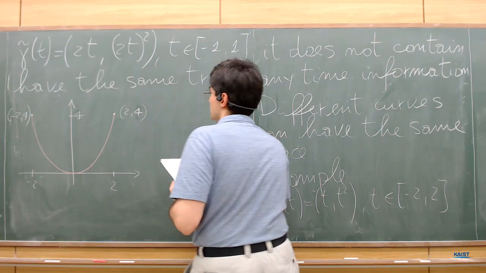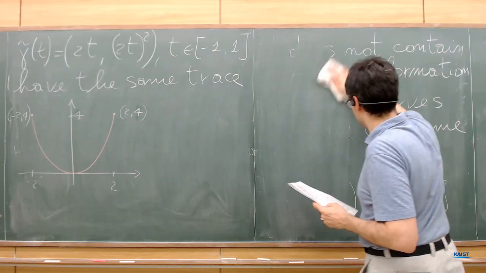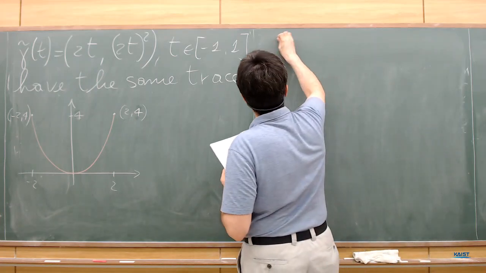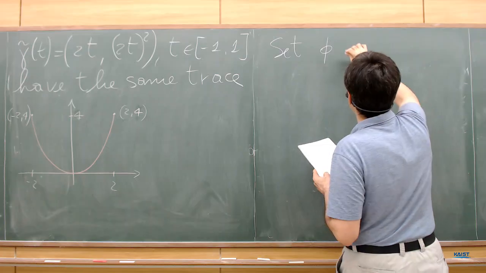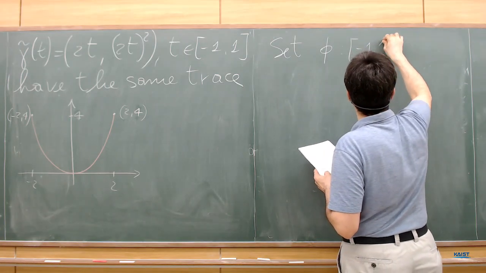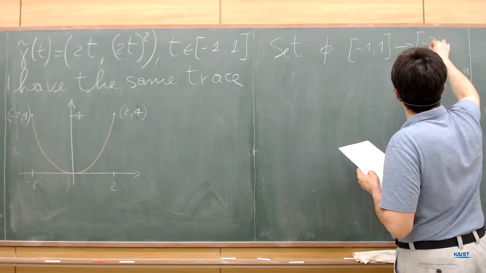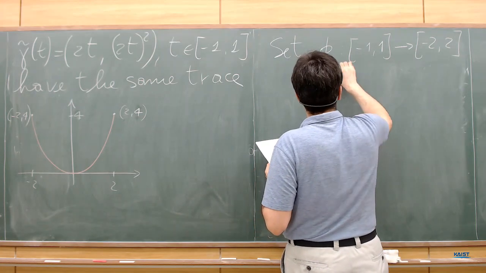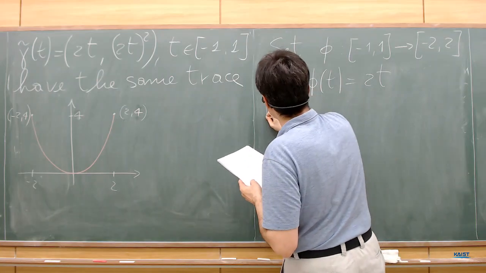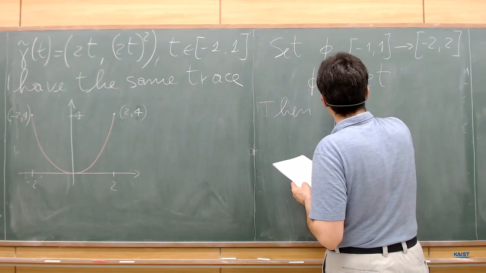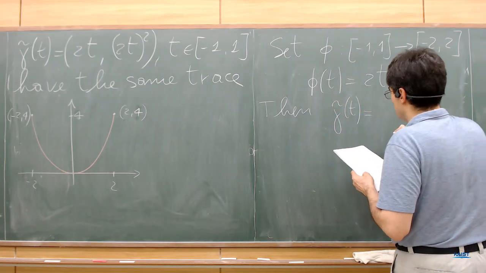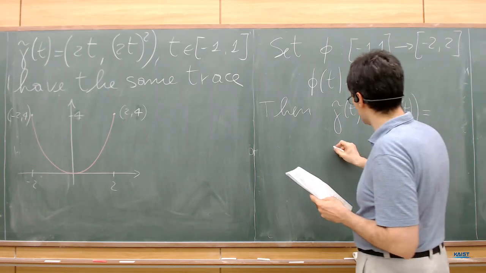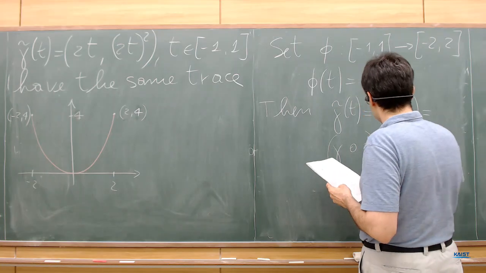The reason why this is true is that if we set phi to be the map defined on minus 1, 1 with values in minus 2, 2 as phi of t equal to 2t, then it's clear that gamma tilde of t is gamma of phi of t, which can also be written as gamma composed with phi evaluated at t.